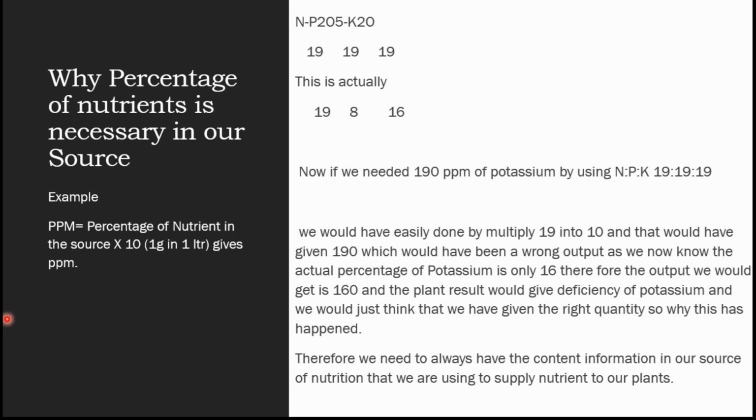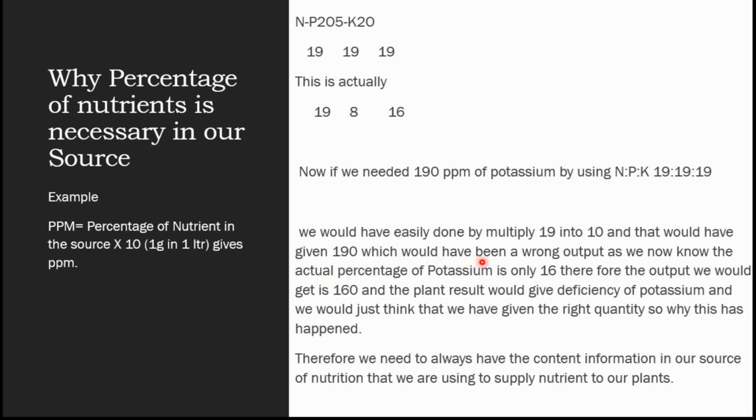As you can see here on the screen, when we turn the bag towards the back, we get the information about N, P2O5 and K2O at the back of NPK 19-19-19. This is actually 19-8-16. Now, if we needed 190 ppm of potassium using NPK 19-19-19, we would have easily done it by multiplying 19 into 10, which would have given us 190.